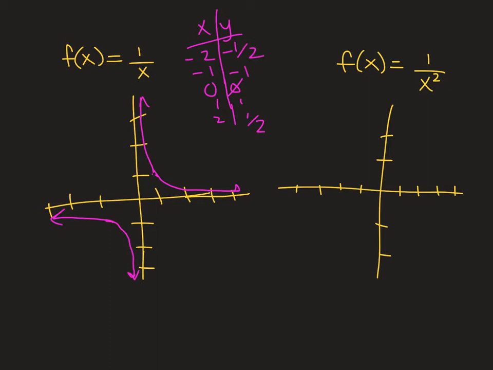And what we often do when we're drawing these graphs is we draw an invisible line. I draw a dotted line, and most of the time you're going to see it as dotted. And these lines are what we call asymptotes.